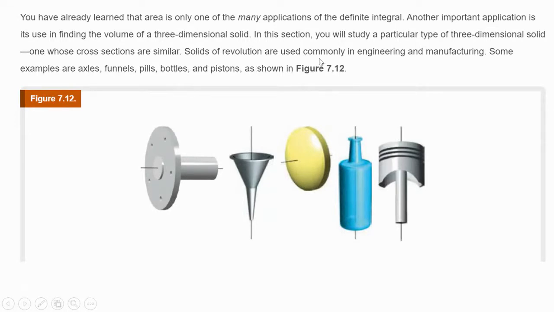Solids of revolution are used commonly in engineering and manufacturing. Some examples are axles, funnels, pills, bottles, and pistons. In fact, if you look down here, you can see that these are things that people would manufacture. Let's just suppose that this axle was going to be made of steel.